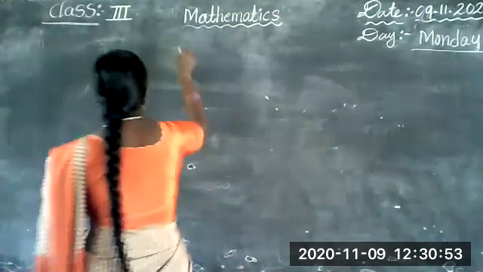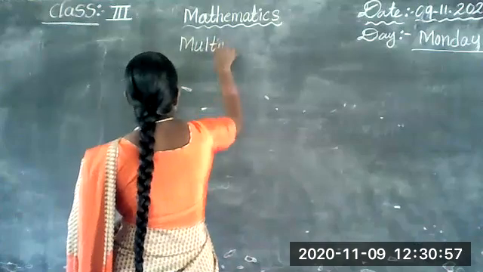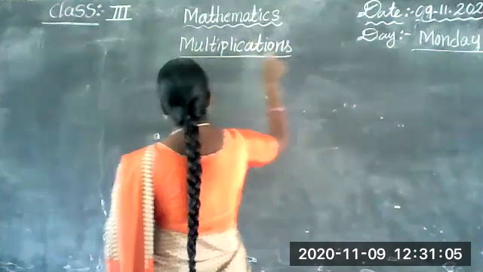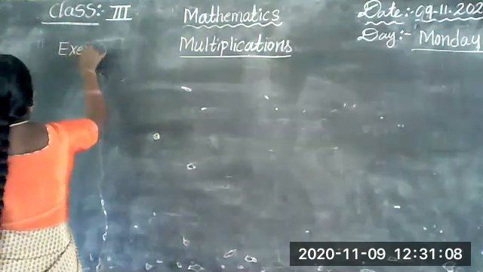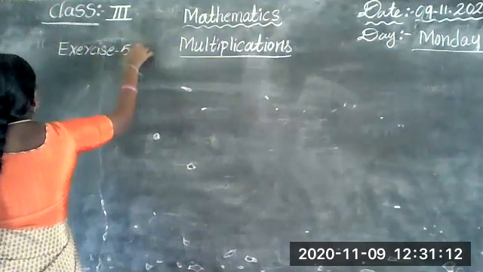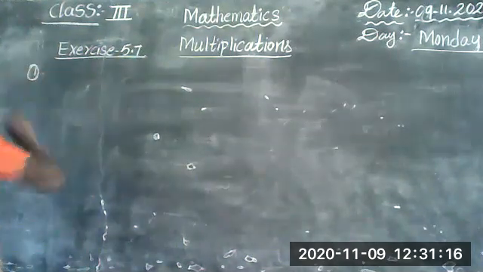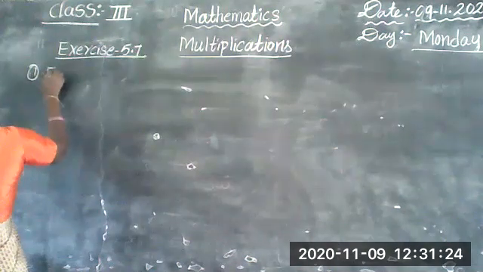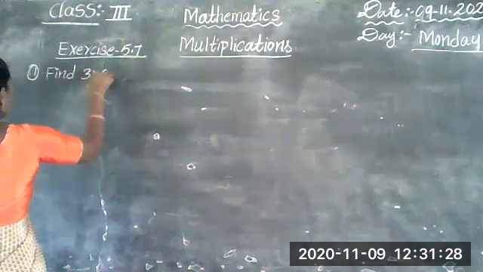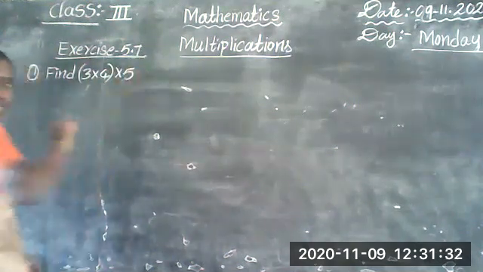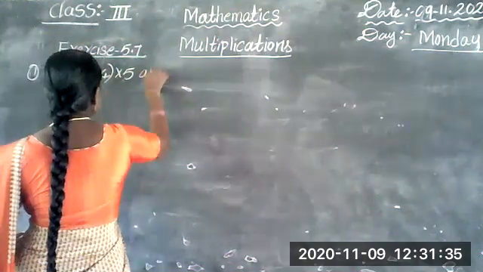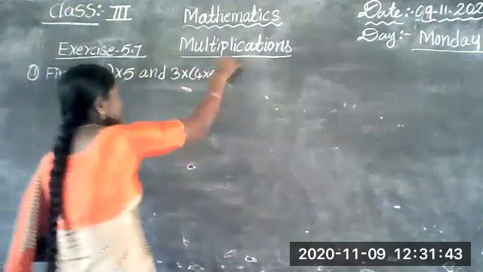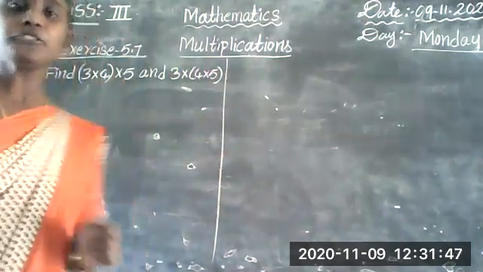Exercise 5.7. First one. Find (3 × 4) × 5 and 3 × (4 × 5).